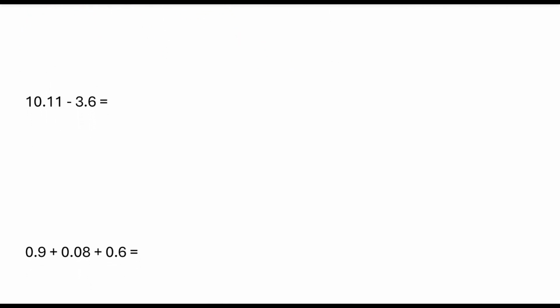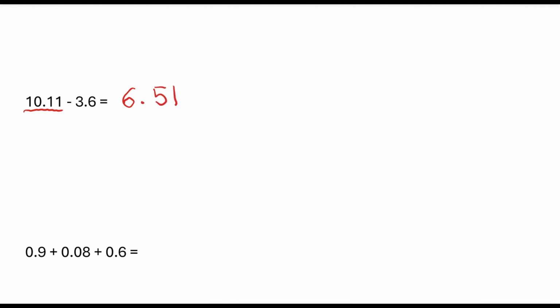So the first step is to solve it as you would normally solve any other subtraction or addition problem. You can use your calculator, plug it in, or solve it yourself. So 10.11 minus 3.6 should give you 6.51.